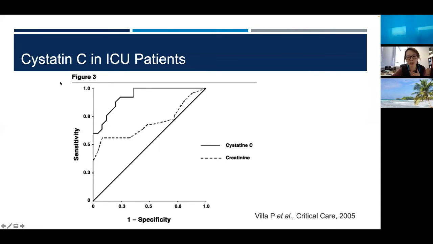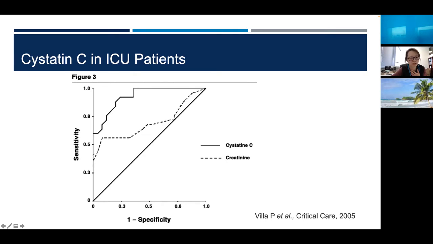Basically, it is a way to compare or determine the diagnostic accuracy of certain tests. And this 45-degree diagonal line shows that the diagnostic test is as good as if you just subject it to random chance. So the area under the curve for this line would be 0.5.